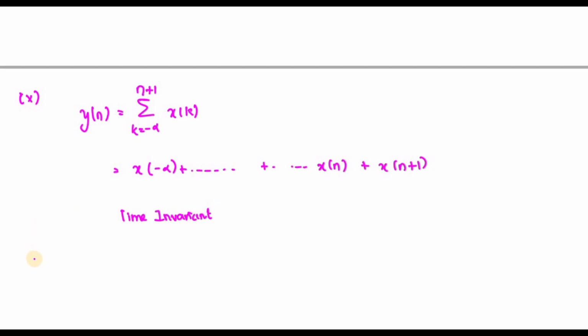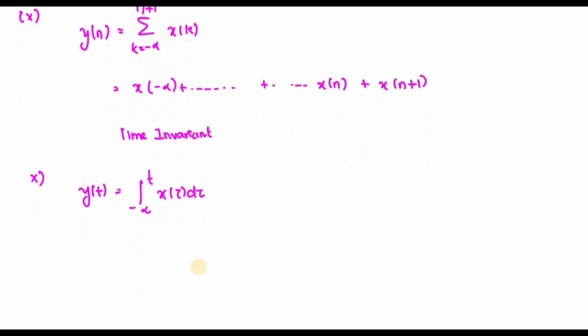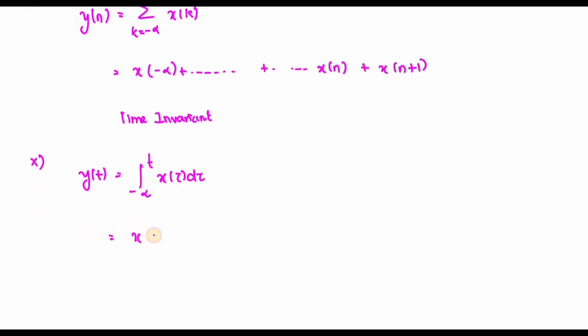The similar case holds if the question is given like this. This also looks like a convolution, right? Integral of x(tau) d tau. If I integrate this, I will get x square of tau divided by 2, ranging from minus infinity to t.